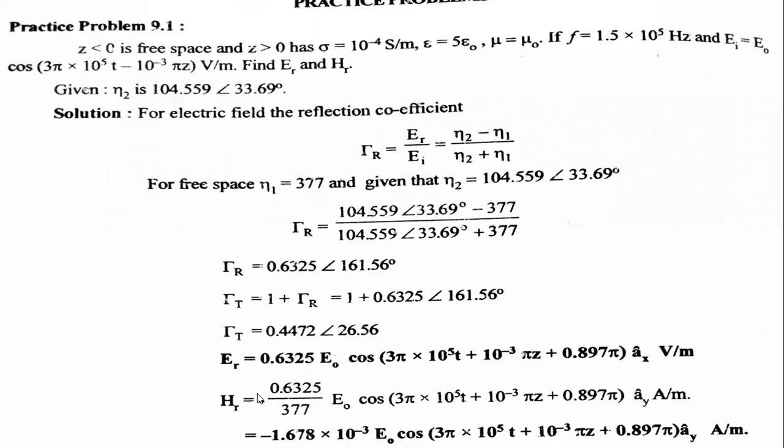In this way you get the minus, just because they are perpendicular to each other, that's why we are taking this minus. The magnitude will be 0.6325 divided by 377, which is 1.678 times 10 raised to the power minus 3. E0 will be as it is, cos will be as it is, 2 pi 10 raised to the power 5 t as it is, plus 10 raised to the power minus 3 pi z, and the phase as it is, in the ay direction, measured in ampere per meter.